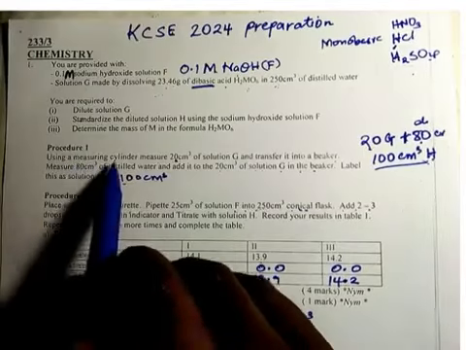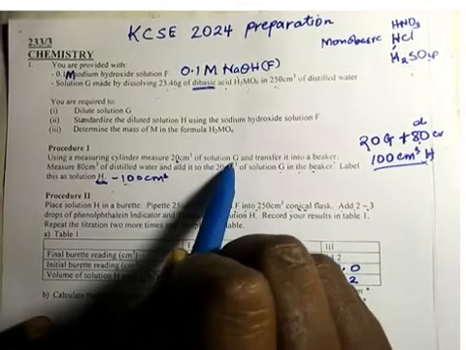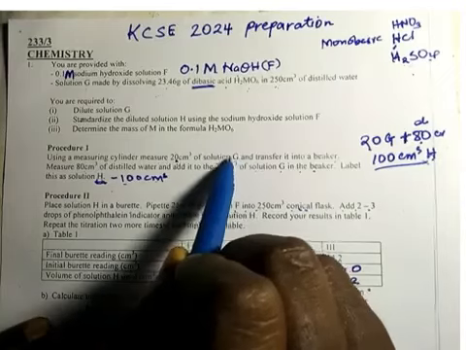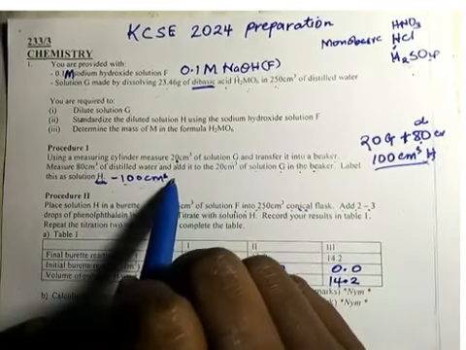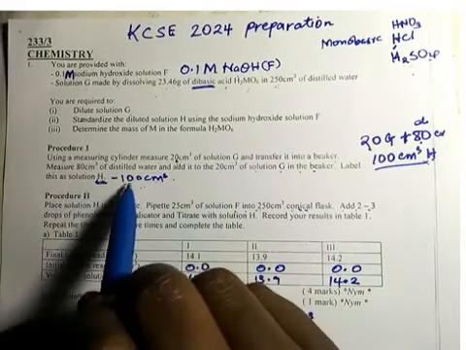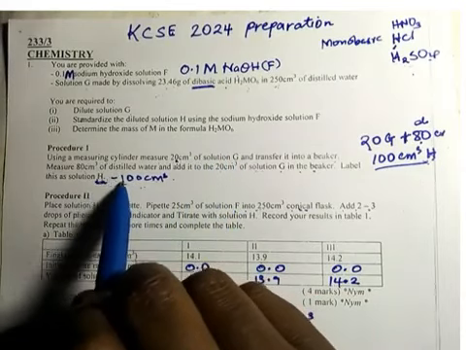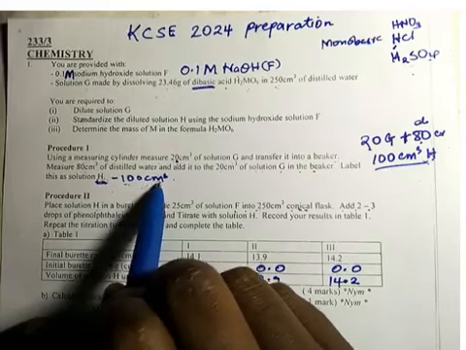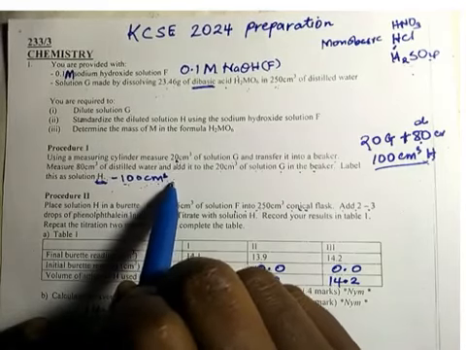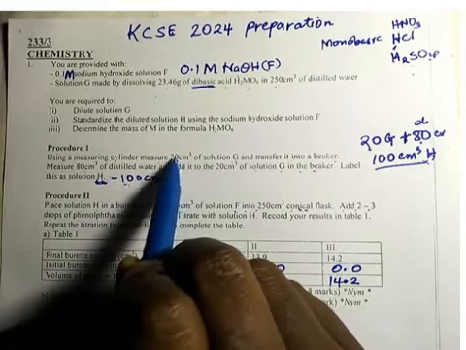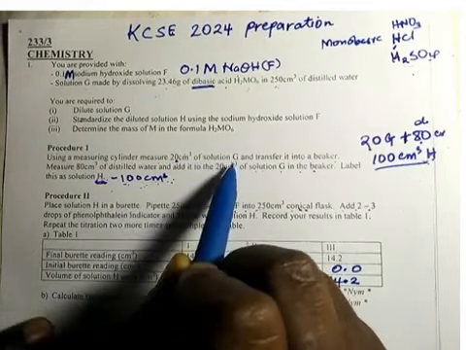We measured 25 centimeters cube of solution G, diluted it to 100 centimeters cube solution H, meaning that the number of moles in 100 centimeters cube solution H will be exactly the number of moles in 25 centimeters cube solution G, the original.